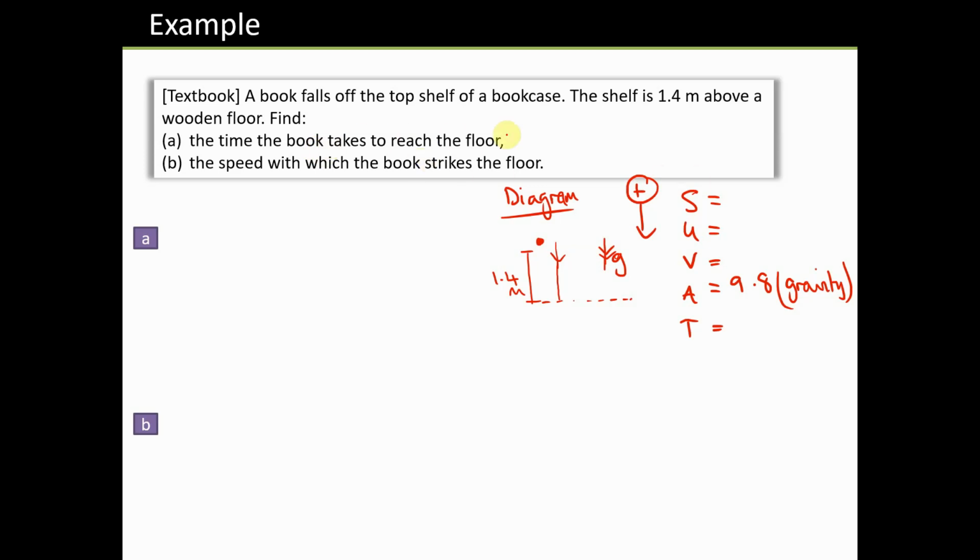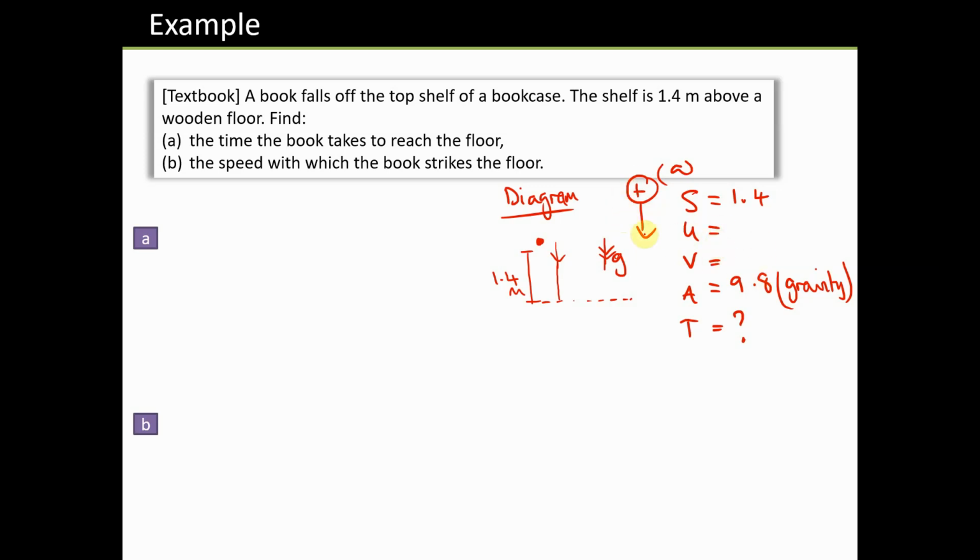For it to reach the floor, well, for part A, we are going to have t as our unknown, and it's 1.4 meters above the ground, so we're looking for when the displacement is 1.4. It's going to be a positive 1.4 because it's going 1.4 meters down, and we've said that down is our positive direction.